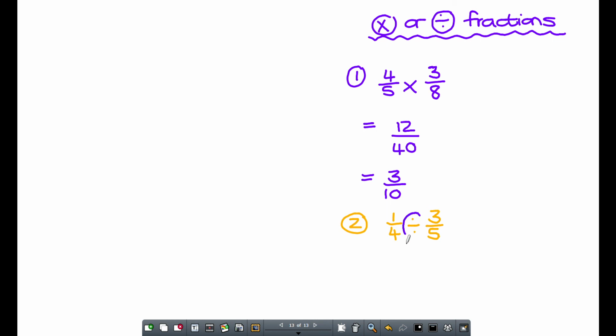Yes, that must become multiplication, which means that these two swap around. So that will give you 5 over 12. Okay, right, I'm going to stop there.